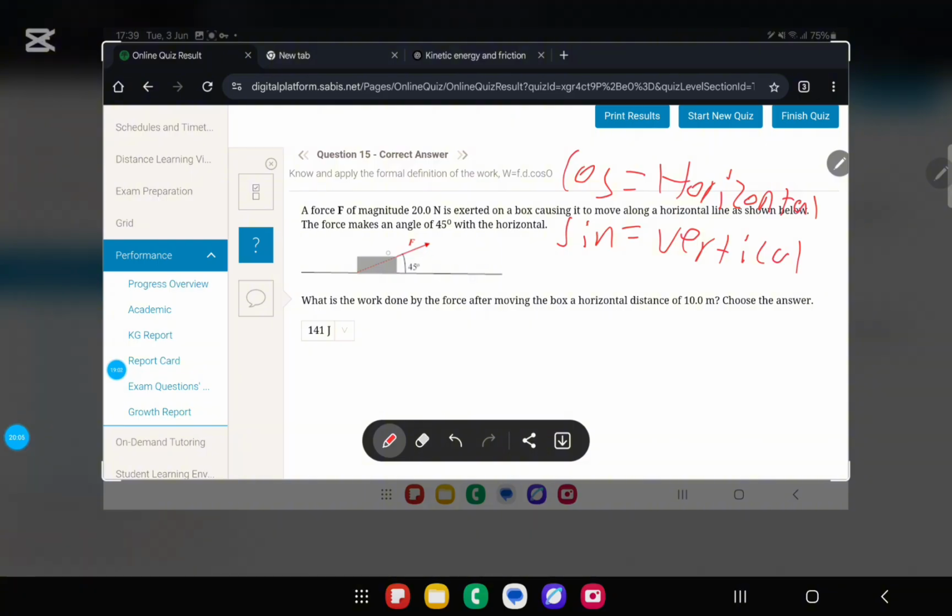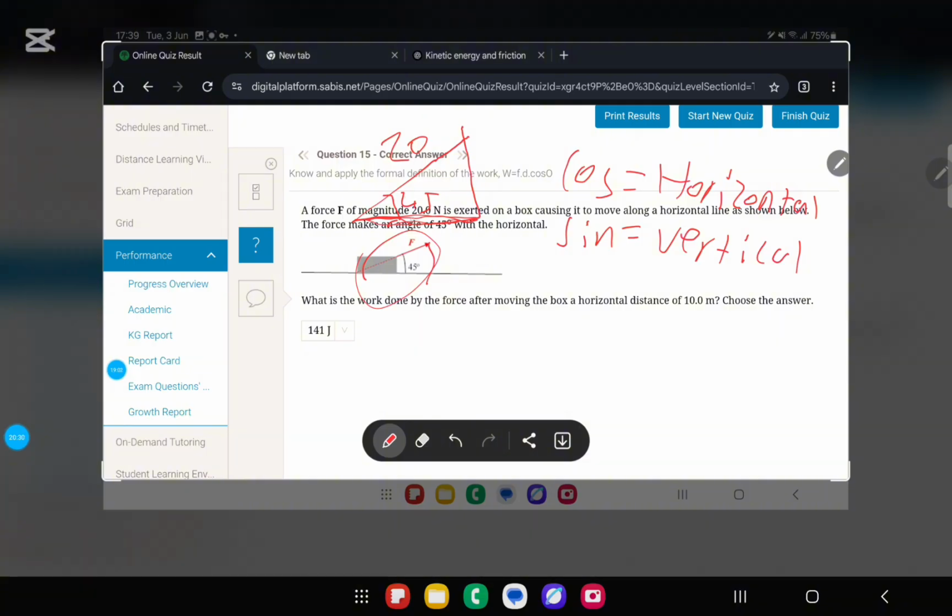Again, let me draw my own triangle. I know that's not 45 degrees, but the 45 degrees is over here. 45 degrees, 20 newtons. We're trying to find this side. How do we find this side? We have the hypotenuse.